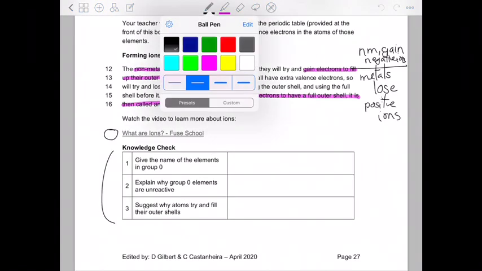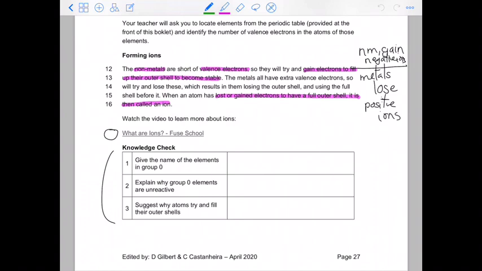So hopefully you've written down the answers, so we'll go through them now. The name of the elements in group 0 are noble gases. Why they are unreactive, because they have a full outer shell. Why atoms try and fill up their outer shells to become stable.